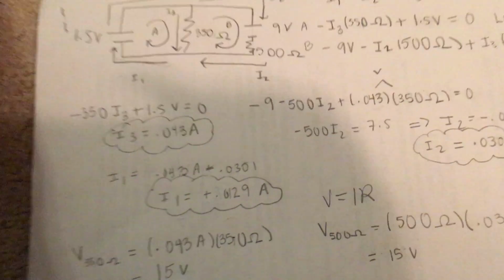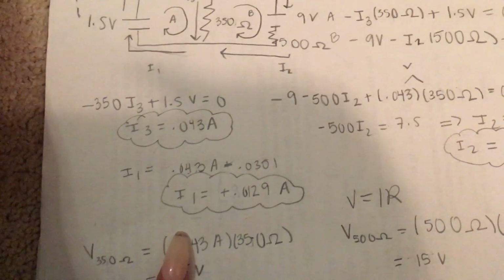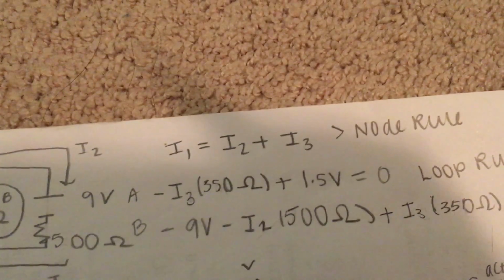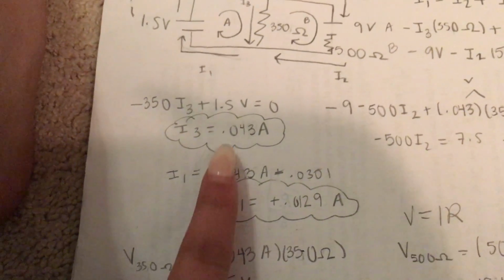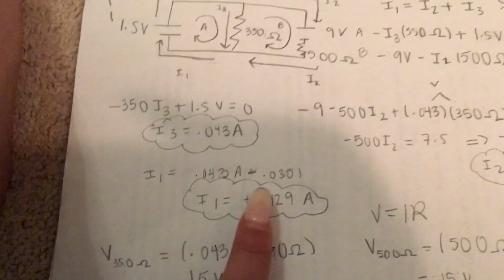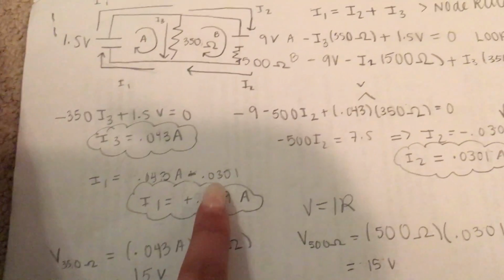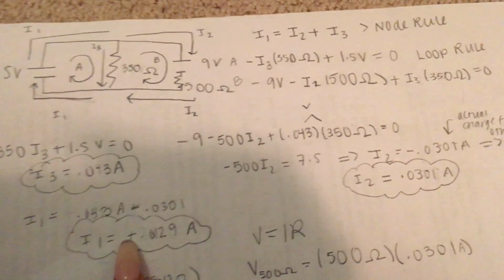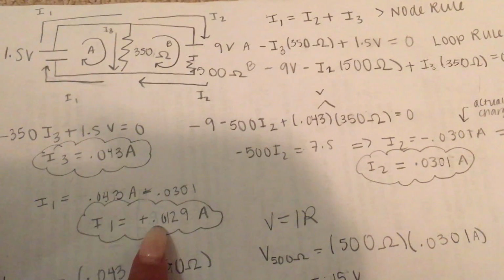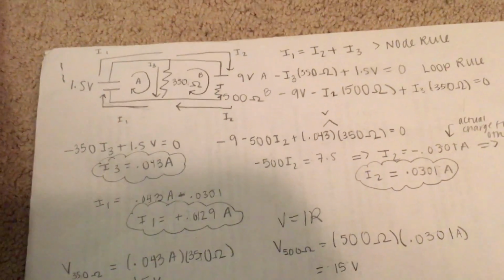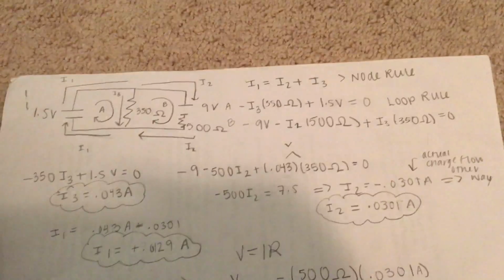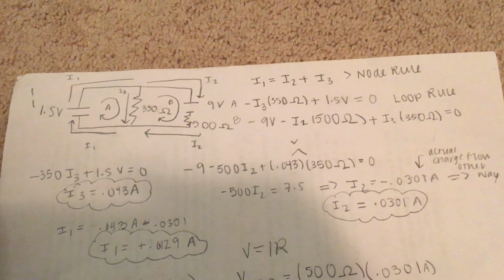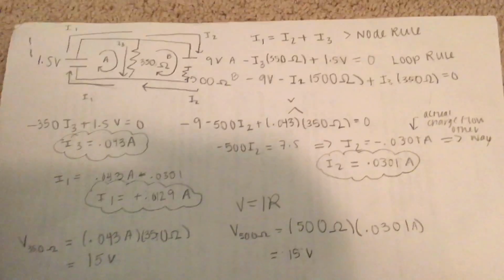Finally, to solve for I1, I used this cute little node rule, and I added up my 0.043 plus negative 0.0301, which is just a minus, and I got positive 0.0129 amps. So those are my three currents, and I used the node rule and loop rule to find them.